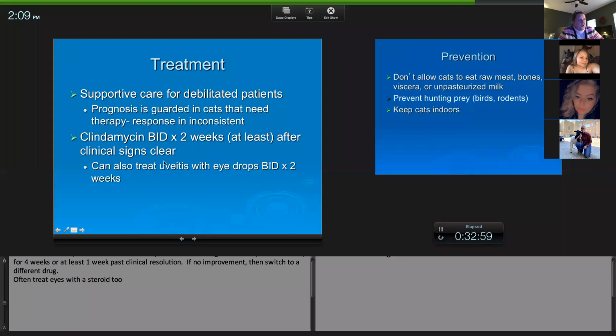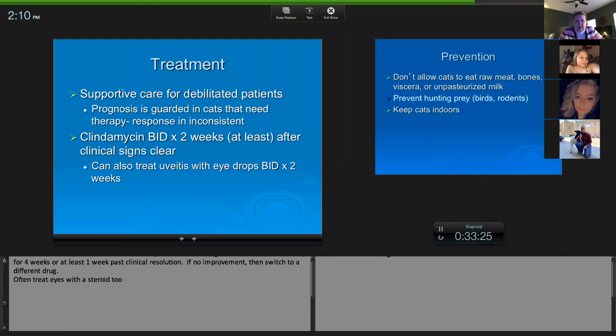As far as treatment, I think I've been saying this over and over again, supportive care. And I need you to know what supportive care means. Supportive care is basically IV fluids, because if you have an animal that's anorexic and not eating and drinking, they're potentially dehydrated. Maybe they're painful because of these cysts, so maybe we're going to give them pain meds.